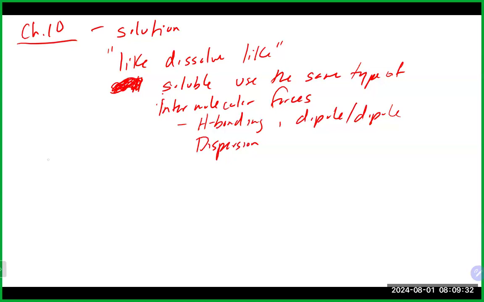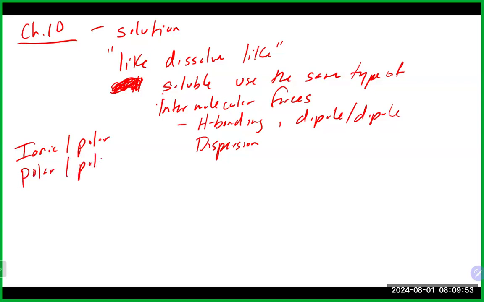And that means that, typically speaking, ionic and polar substances, as we talked about, are going to usually be soluble in each other because they have an easy way to interact through that ion-dipole interaction, which works really well together.